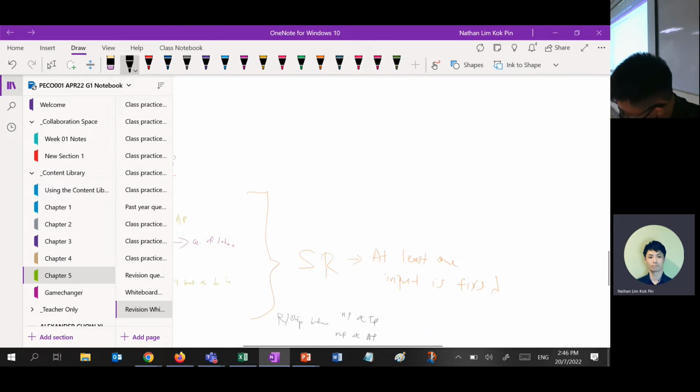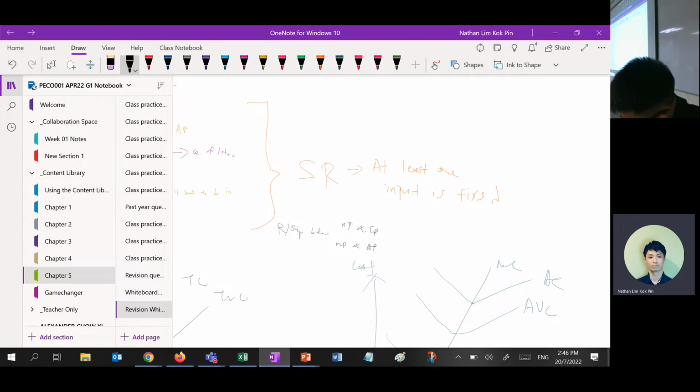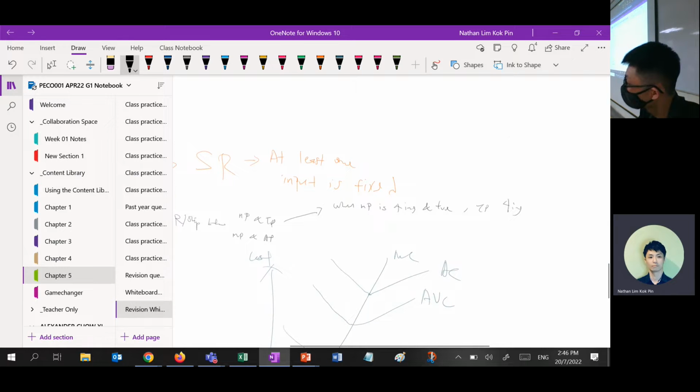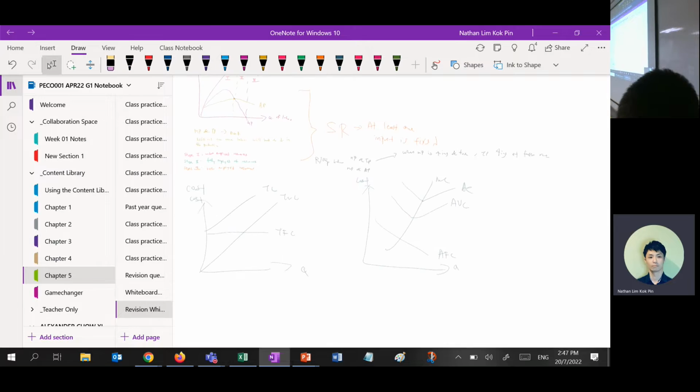When it's increasing and positive, TP will be increasing. When marginal product is decreasing but still positive, TP will be increasing at a slower rate, all this stuff. Do I really need to say that? Okay, you go and make it up yourself.